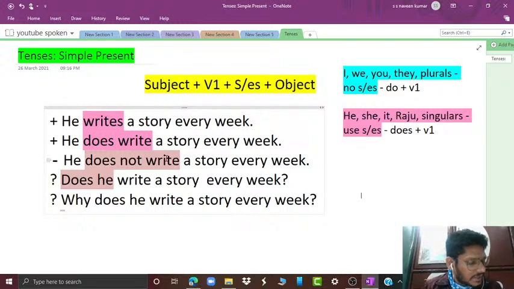Okay. Yes. We are do watch movie. No, we do watch movie. R is not required here. RK, don't write R. Yes. How does he write a story every day? Yes, that's a great sentence. Why does he write a story? Why does he write a story every week? That's the way we have tried. Narayana can make a small correction. Does he write a story every week? That's great, Malika. That's right.